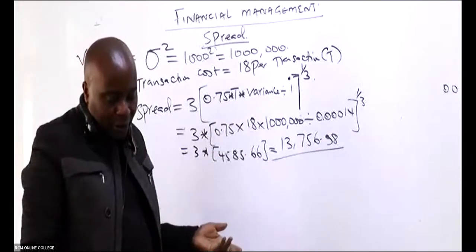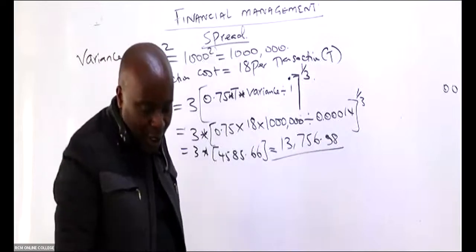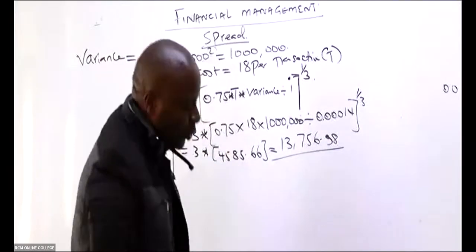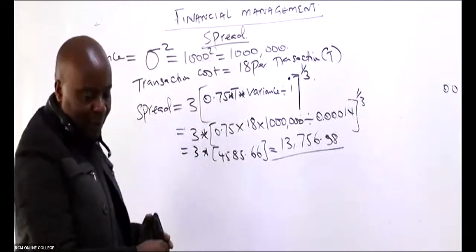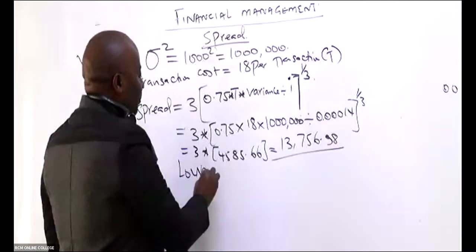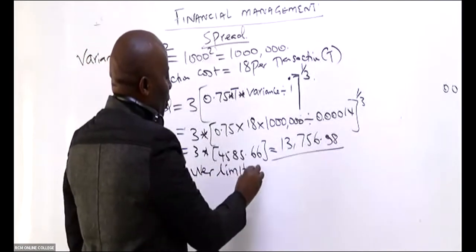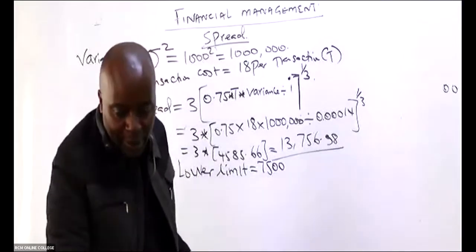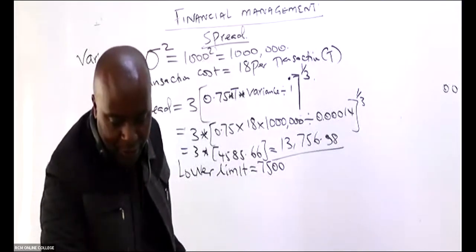So now that we have gotten the spread, we can easily get all the other things, knowing that we have a lower limit. This examiner has given us a lower limit. Are you able to see the lower limit of 7,500? Yes, lower limit is 7,500.